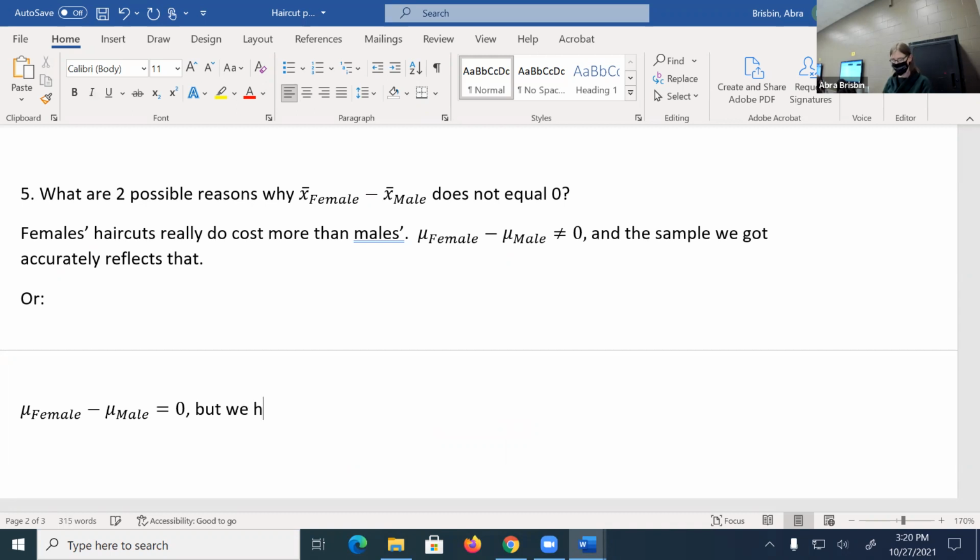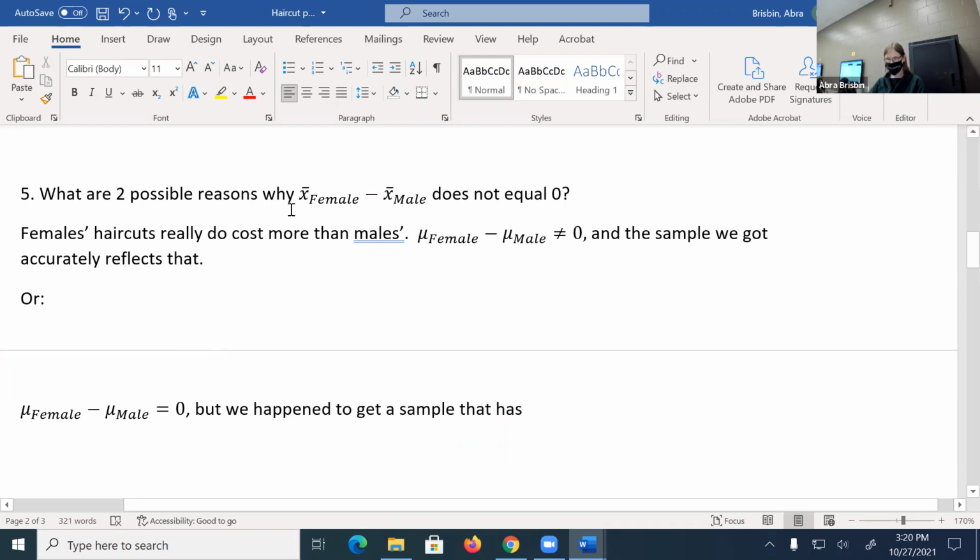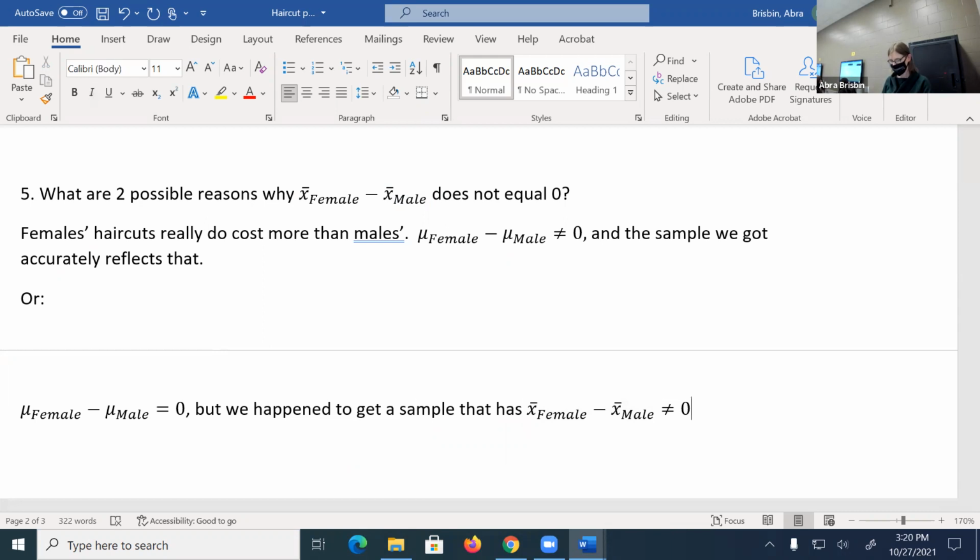But we happen to get a sample that has X bar female minus X bar male not equal to 0 by random chance.